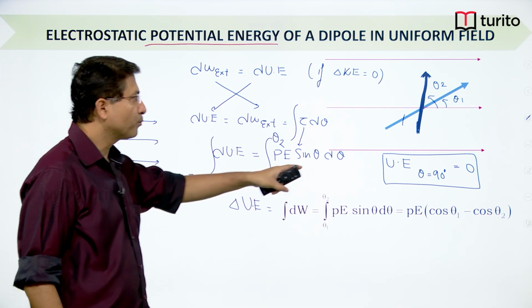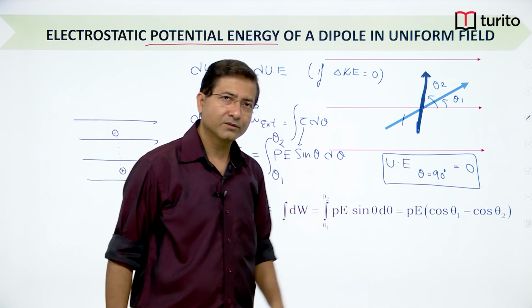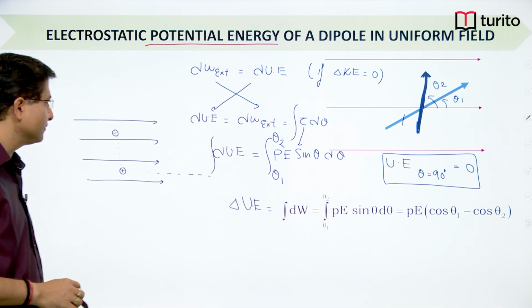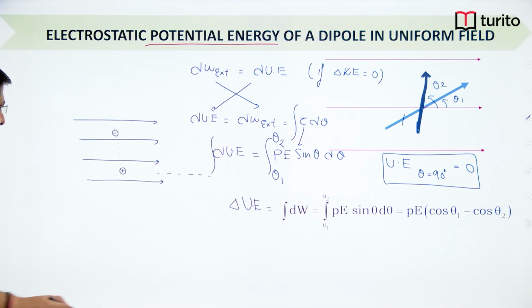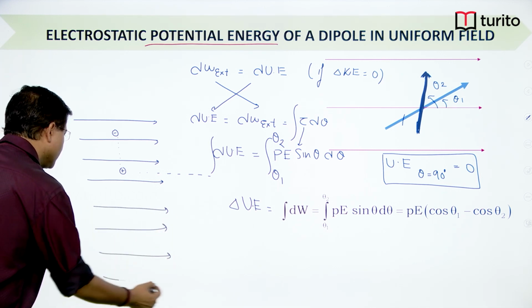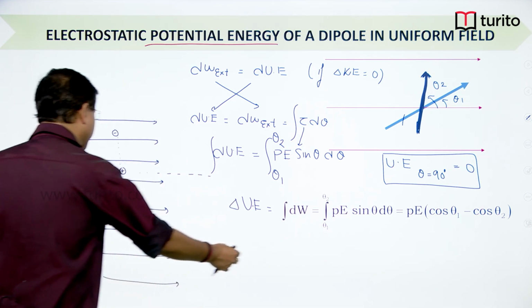We take potential energy associated with this particular orientation 0. Obviously when you are placing along the field, then some extra work you must be doing. For example, bring positive charge from infinity and place it here.